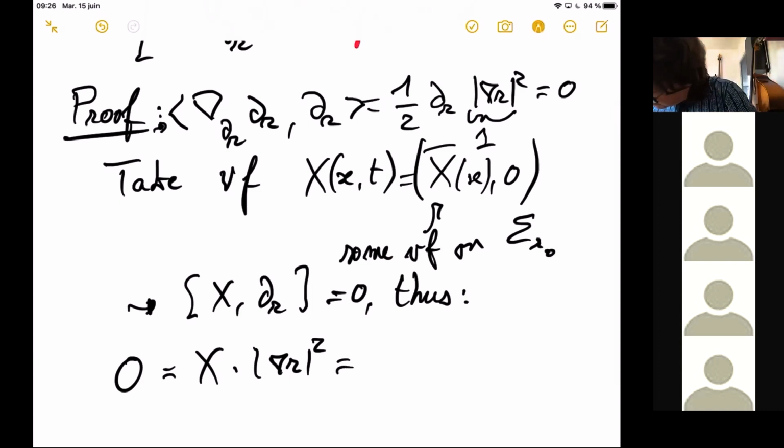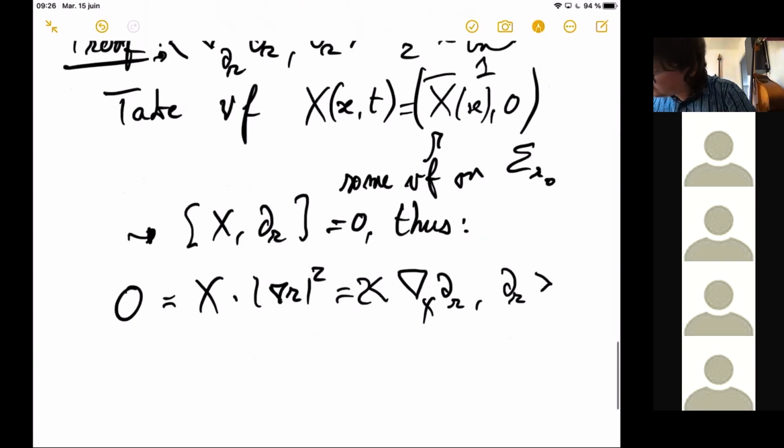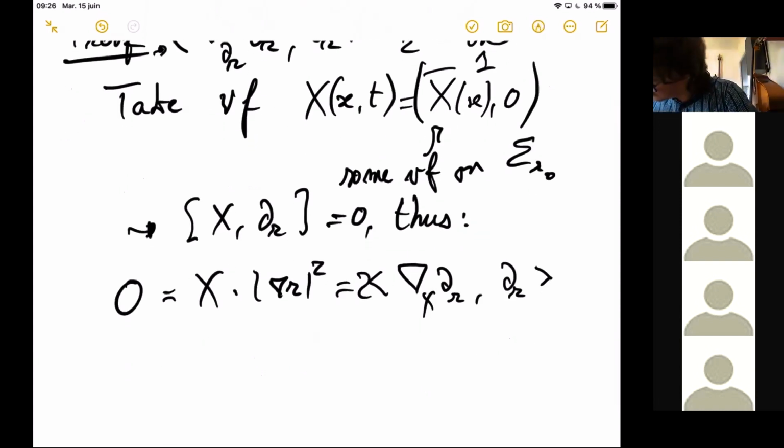But then this will be twice nabla X del R, del R. Then you can exchange X and del R here because the vector fields commute.